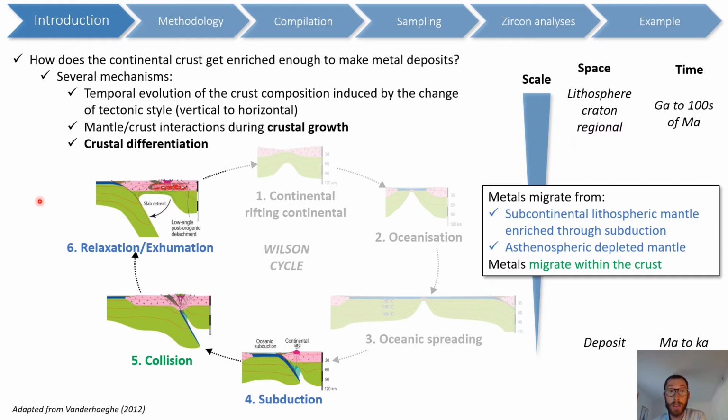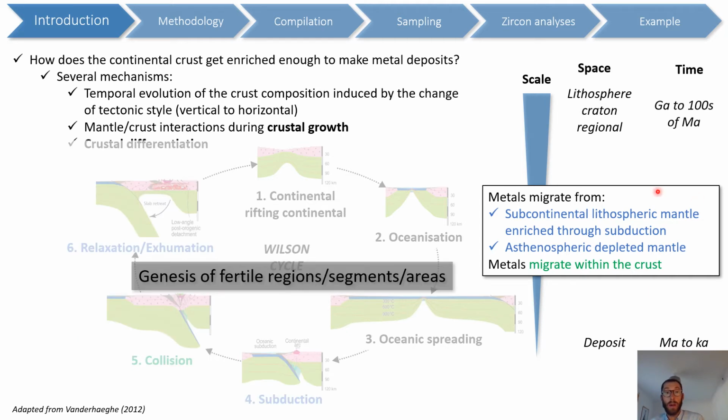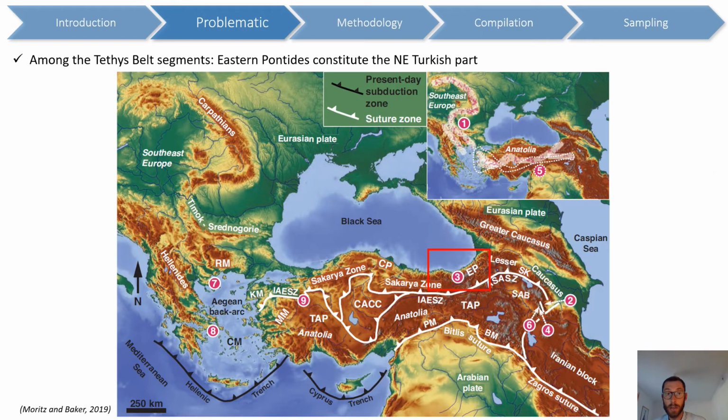The next process is crustal differentiation, where the metal migrates within the crust, for example, during collision or post-collisional events. All these processes will lead to the genesis of fertile regions, segments, or areas in the continental crust.